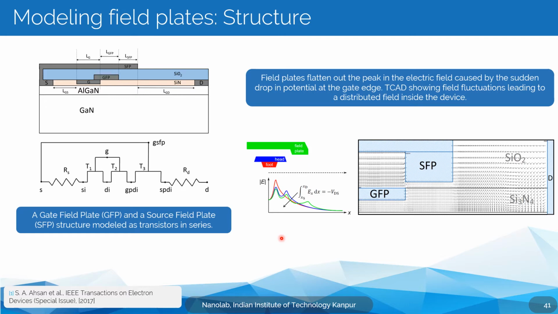And given these high voltages, the voltage drop in the device, especially at the region where the gate interacts with the drain voltage, which is the region just below the gate edge, is very high. So the drop in this region is very high, as you can expect.